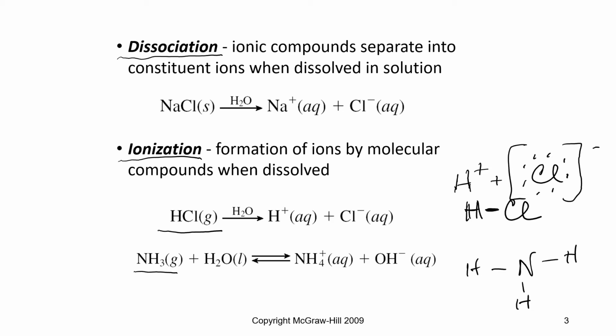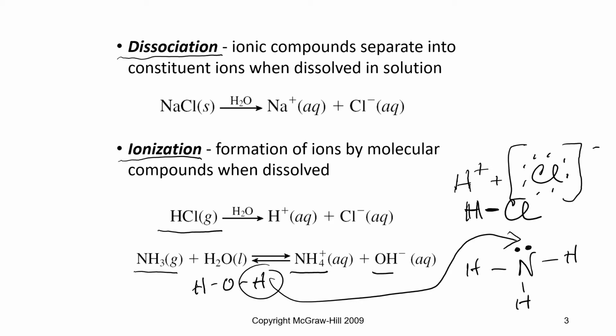But when it dissolves in water, because nitrogen has a lone pair of electrons here, one of the hydrogens in that water gets attracted to that pair of electrons, and thus we get the ammonium ion and the hydroxide ion. So ionization is different from dissociation. Remember, ionic compounds are made up of ions. Molecular compounds are not.